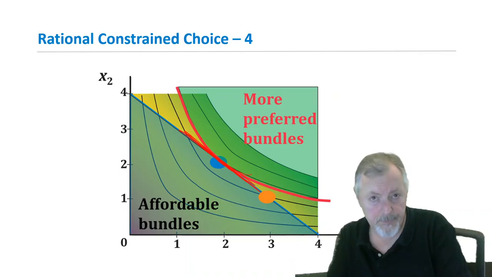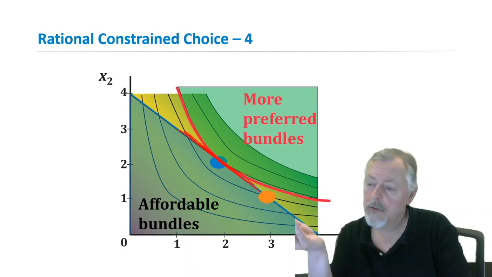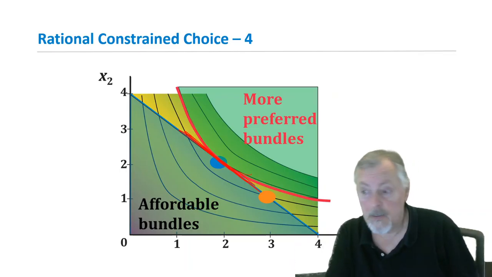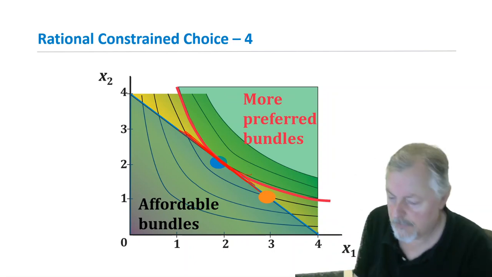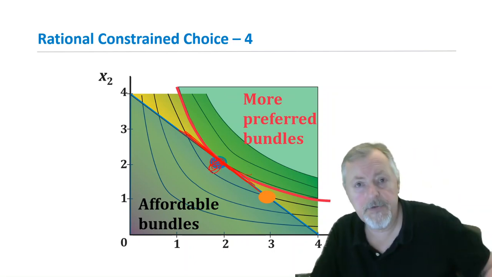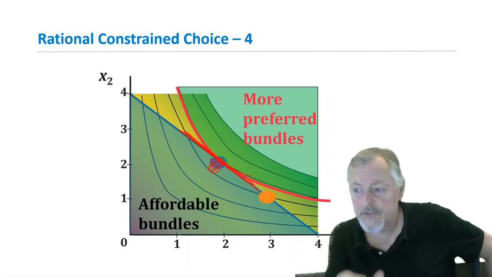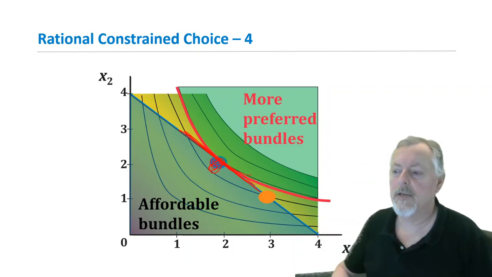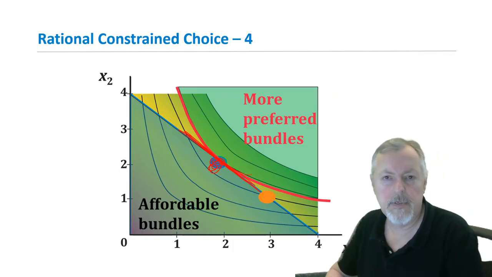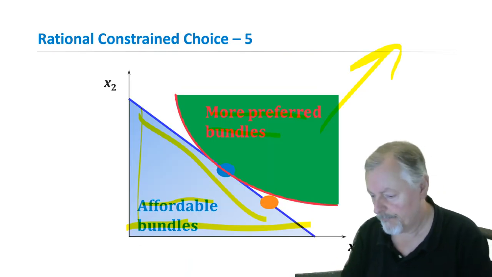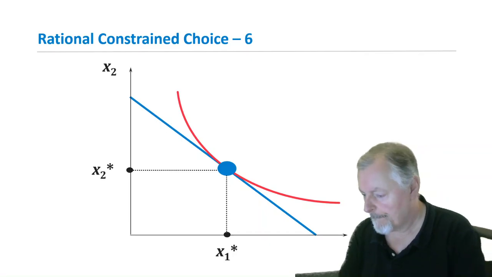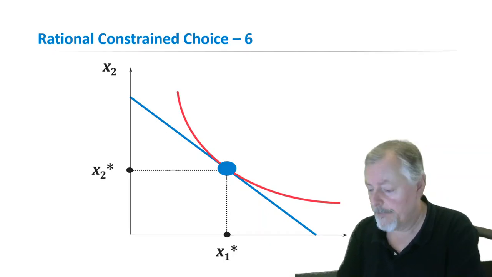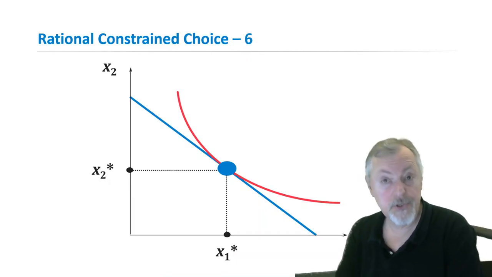So if you know someone's budget and you know their preferences, you can calculate this point. All you have to do is find the point where the slope of the budget constraint is exactly the same as the slope of an indifference curve. This is arguably the most important graphic image in the entire textbook.